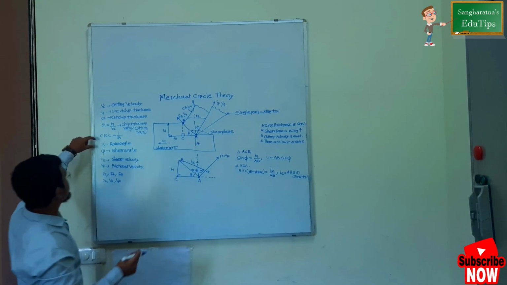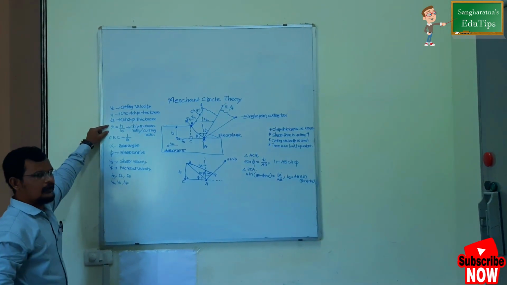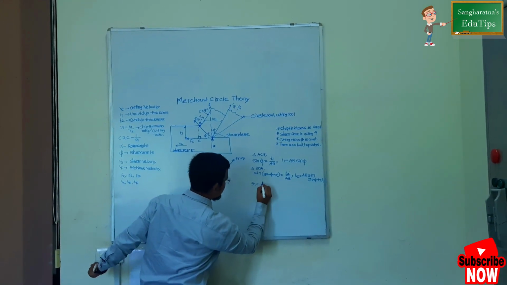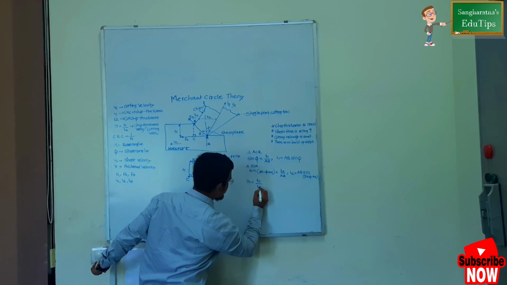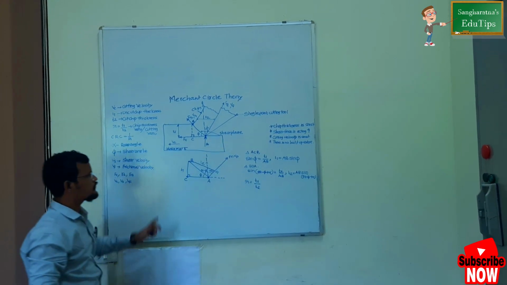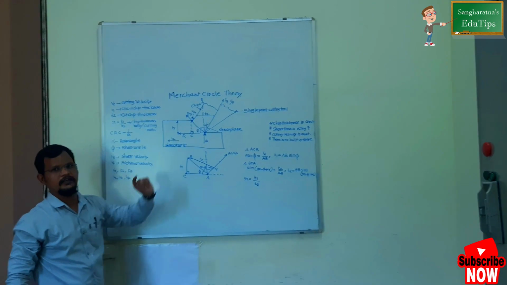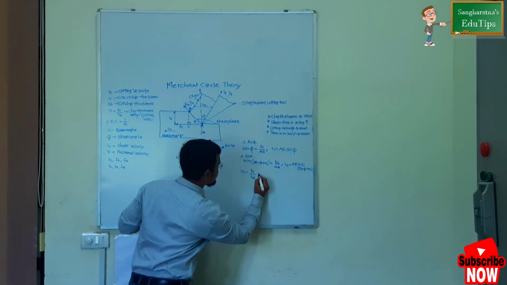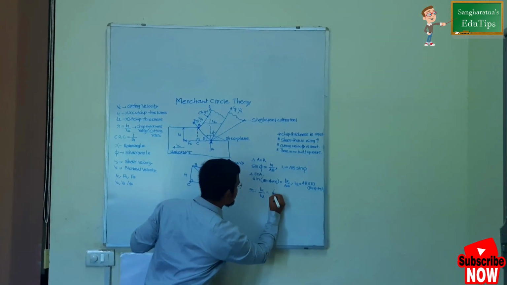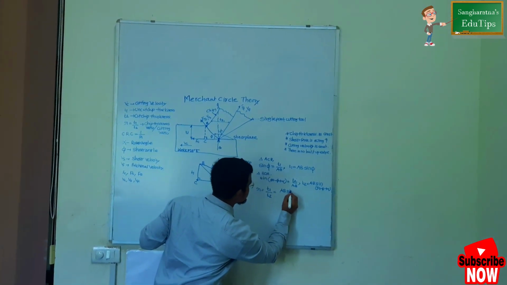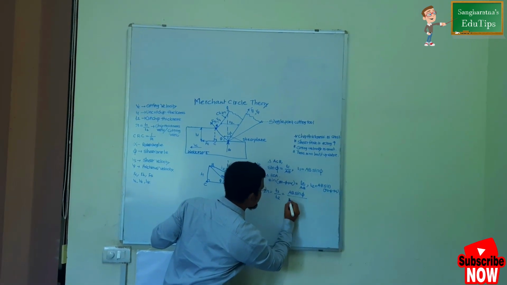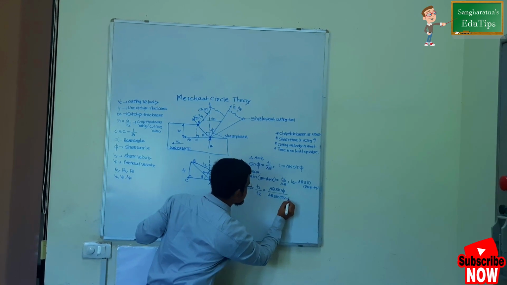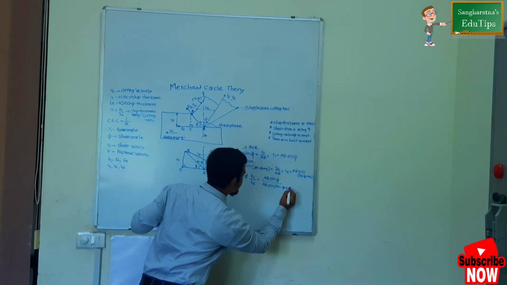We know there is a relation between T1, T2 and r, where r is the cutting ratio, that is T1 divided by T2. The main motive is to find the very important angle, the shear angle phi, so we proceed towards calculating it. Substituting, r equals AB sine phi divided by AB sine of 90 minus phi plus alpha.